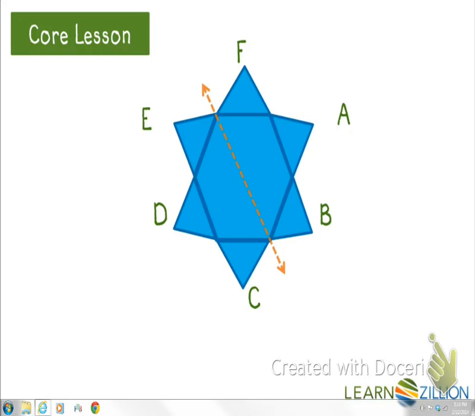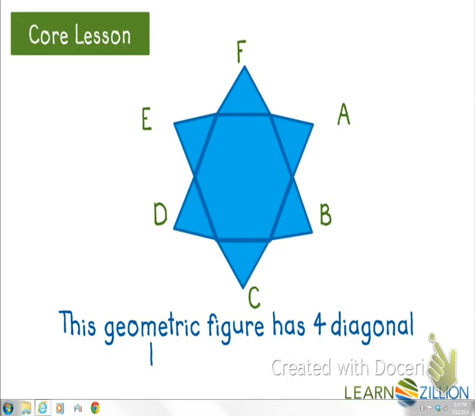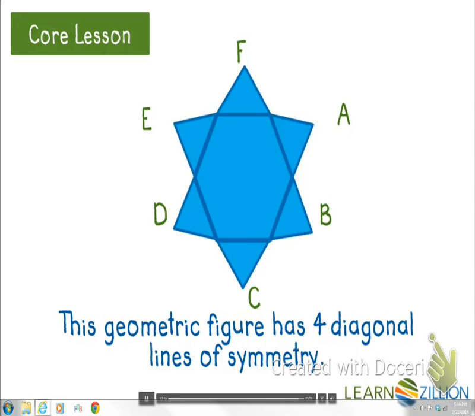So we have another diagonal in between the triangles. That's another set of equal parts. And our fourth diagonal, another set of equal parts. So this geometric figure has four diagonal lines of symmetry.